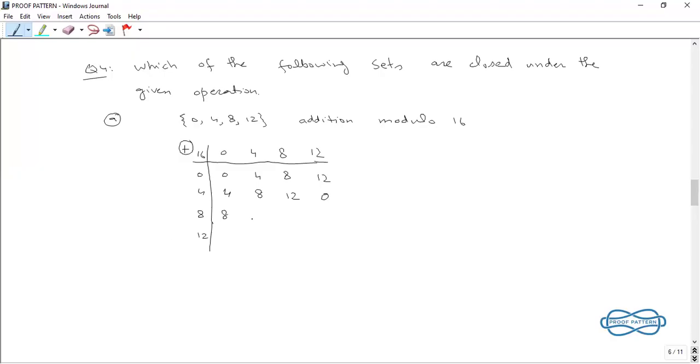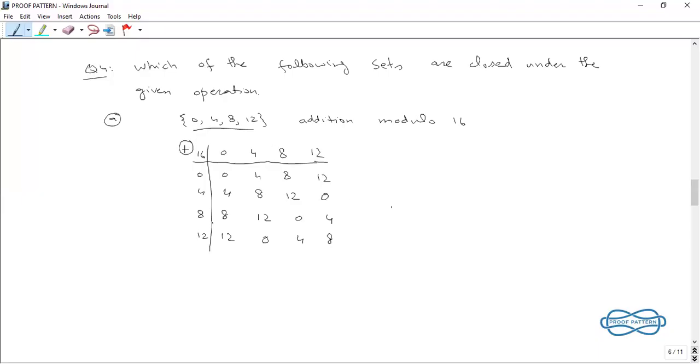Similarly, we can fill this whole table, and we see that whenever we apply this binary operation, addition modulo 16, between any two elements of this set, we will get again an element of this set.